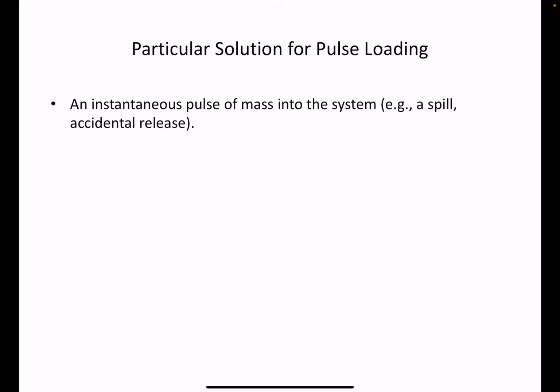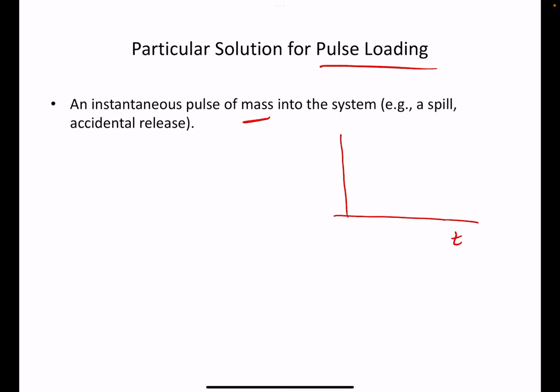Let's say the truck has some fertilizer, and all this organic material falls in one place. We could call this a pulse loading, an instantaneous pulse of organic mass into the system. Spill, accidental releases. So how could you graph it?